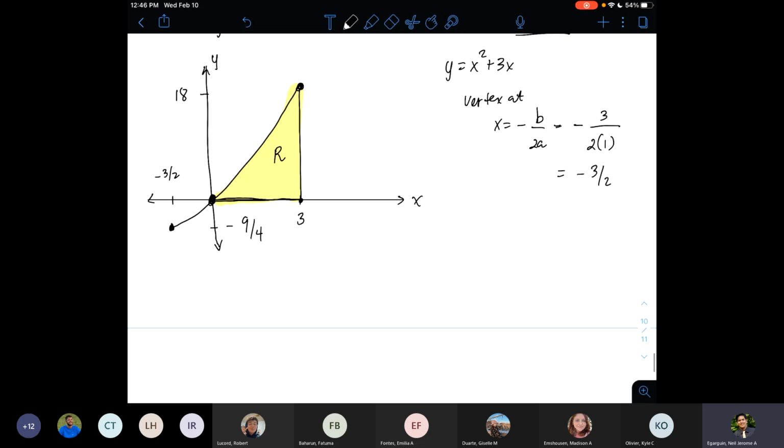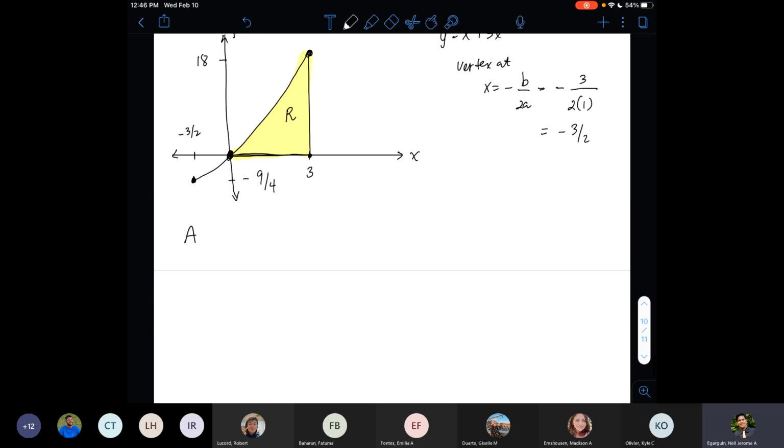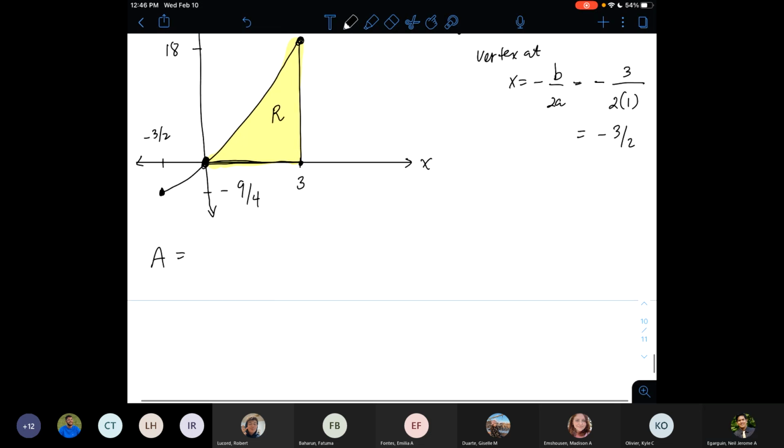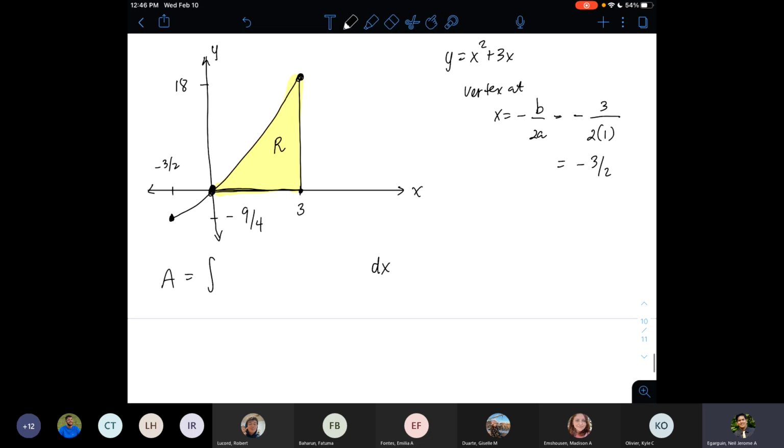And we want to find the centroid, okay? But again, for the centroid, we need the area first. The area of the region, I hope you still remember. Let's take advantage of the fact that this is an integral with respect to x. So here we have dx equals integral from 0 to 3, because the region started at x equals 0 and ended when x is equal to 3.